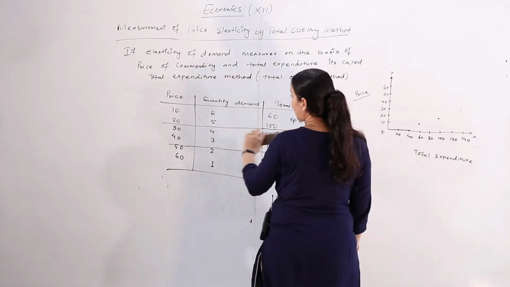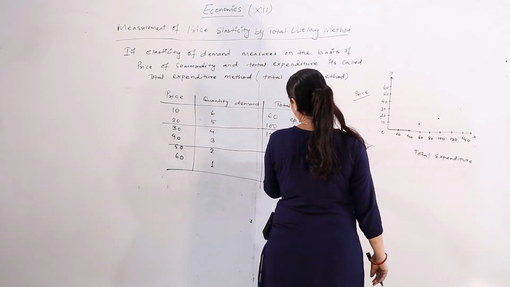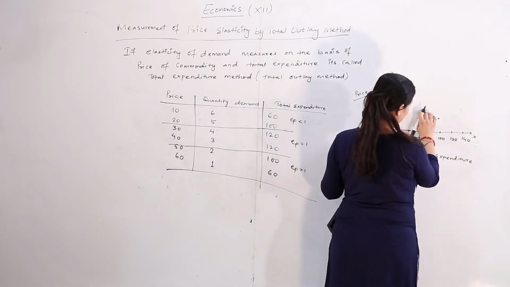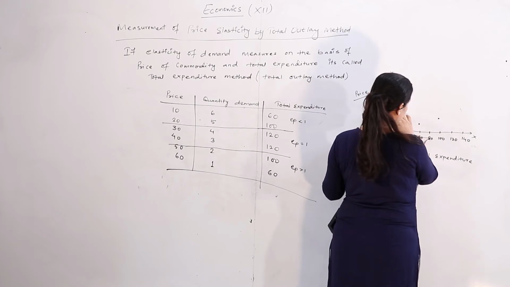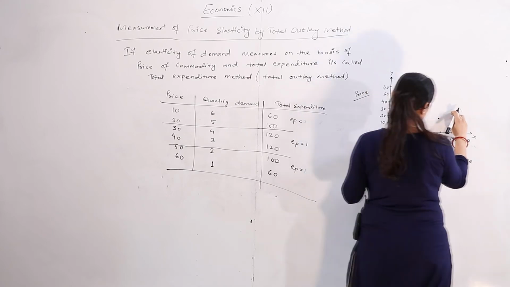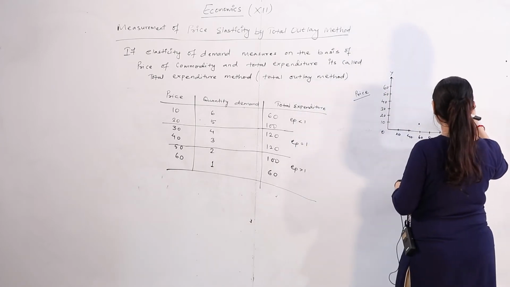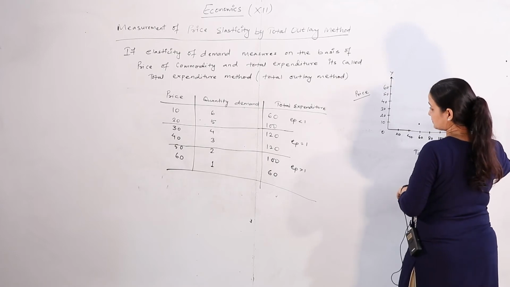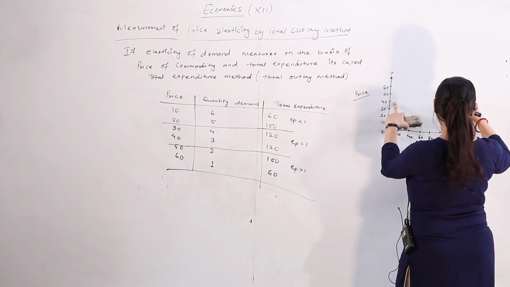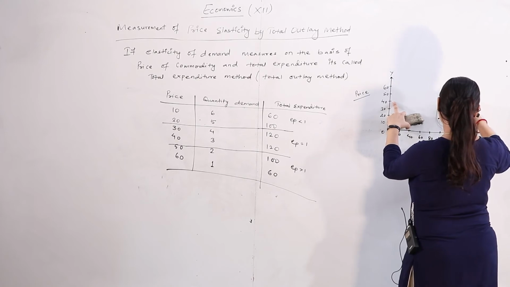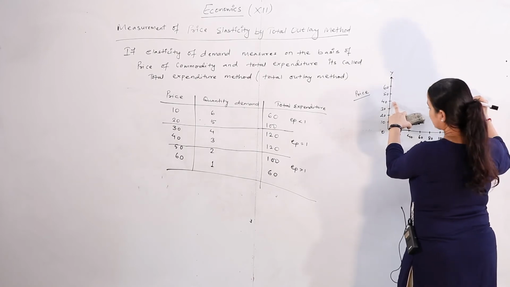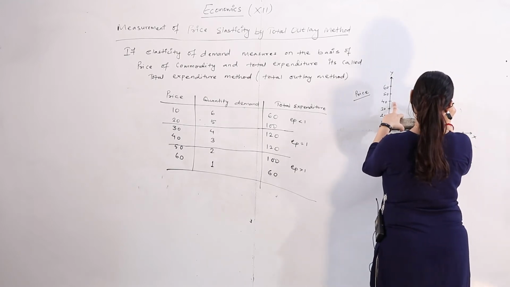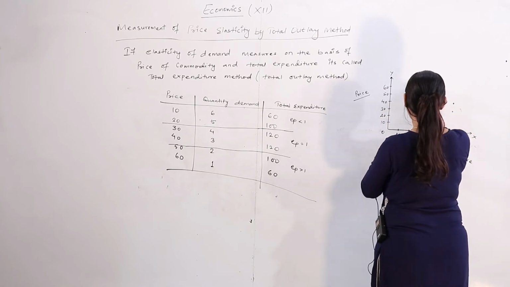And the next one is 30. The price of the goods and services is 30, then the total expenditure will be 120. The next one, 40, 120, 50, 100, and 60.